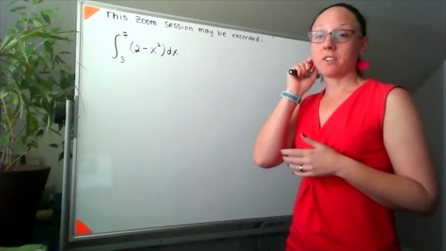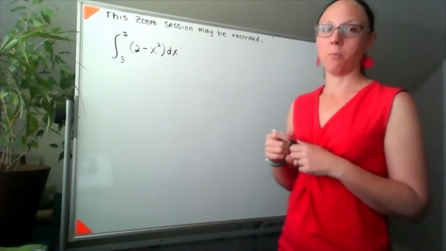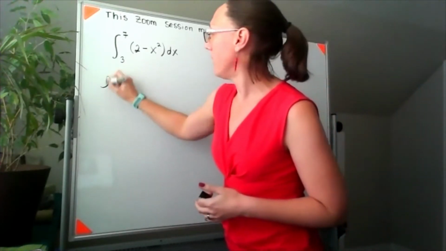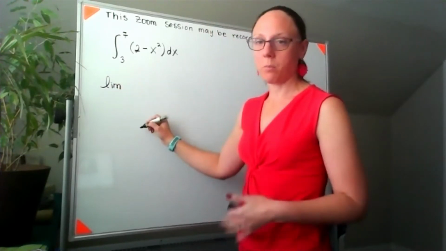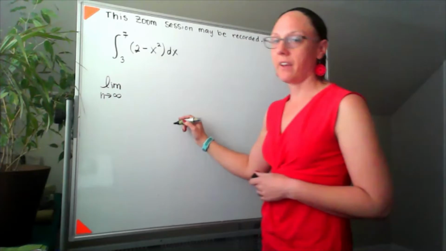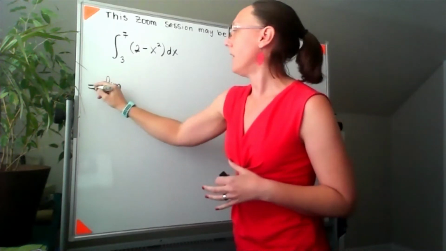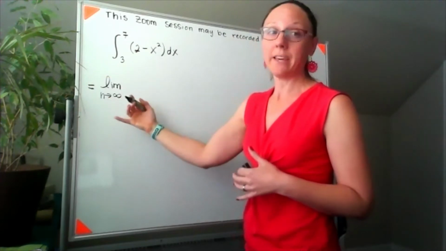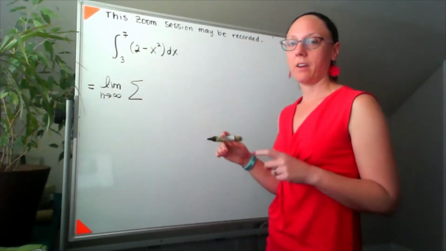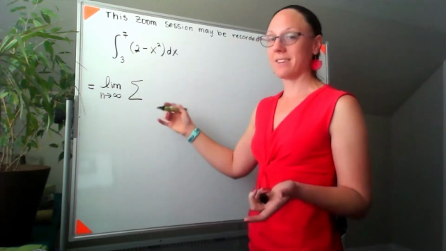So let's first start by writing this out as a Riemann sum. Generically, for our Riemann sum, thinking about getting some partial credit here, I'm thinking about the limit as n approaches infinity. In order for this to actually be equal, I'm going to take the sum, and each of those rectangles has a base and a height.